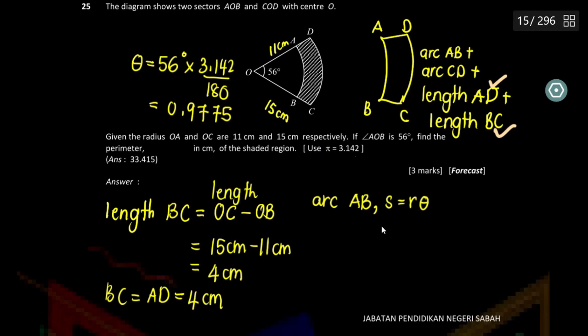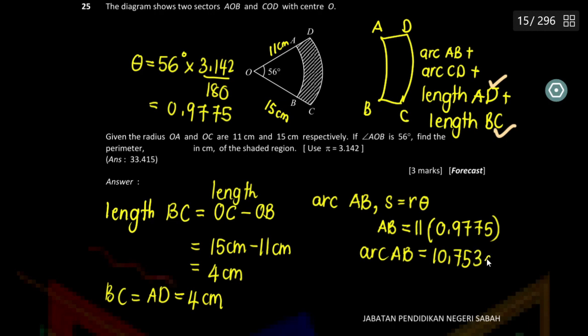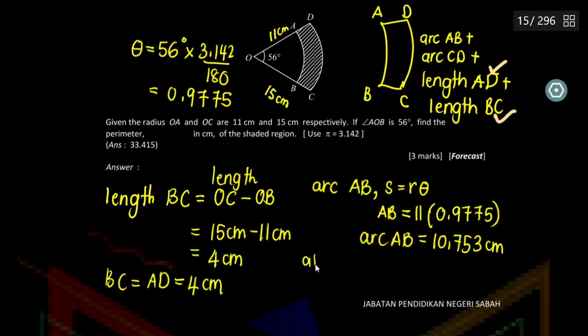So arc AB is equal to the radius 11 cm times 0.9775, which gives 10.753 cm. Arc AB is found. Now I'm going to find arc DC, using s equals r theta.